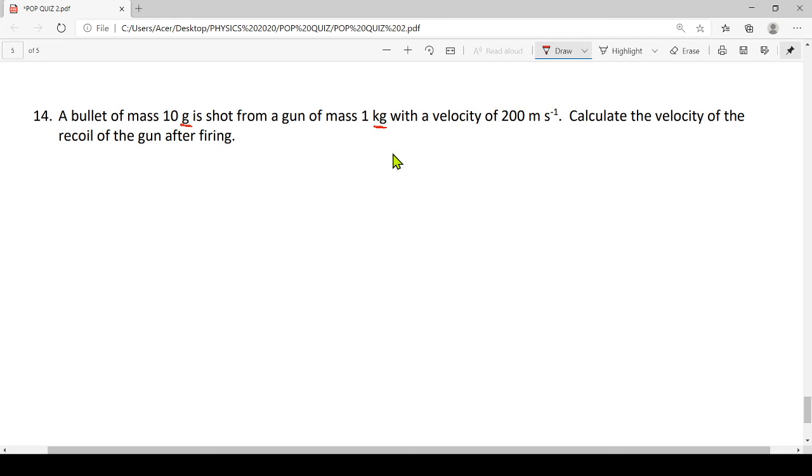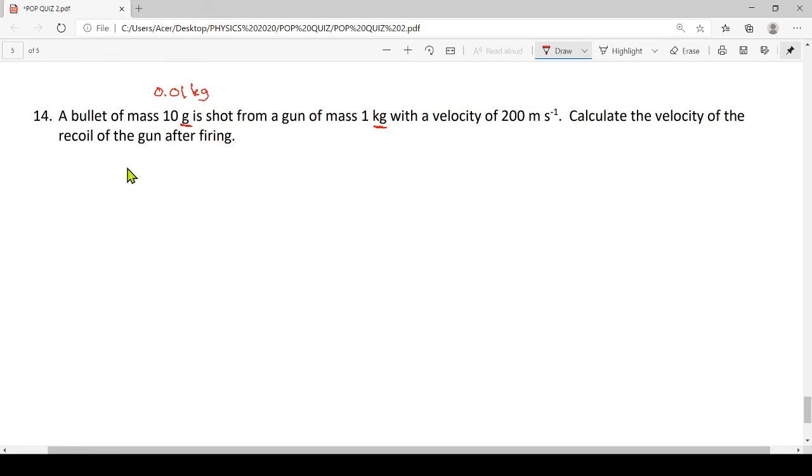For the purpose of calculation, I am going to convert this gram into kilogram. 10 gram is equivalent to 0.01 kilogram.